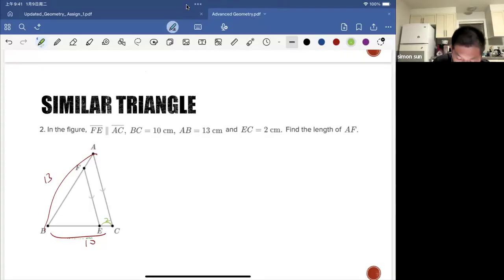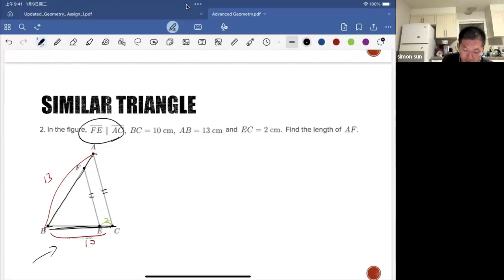Okay, take a look at this one. Because EF is parallel to AC, as already given here, the conclusion is that the two sides, AB and BC, will be divided in the same ratios.